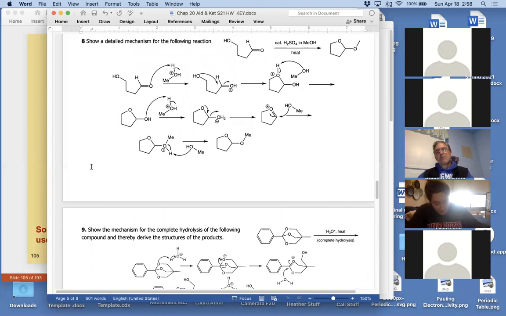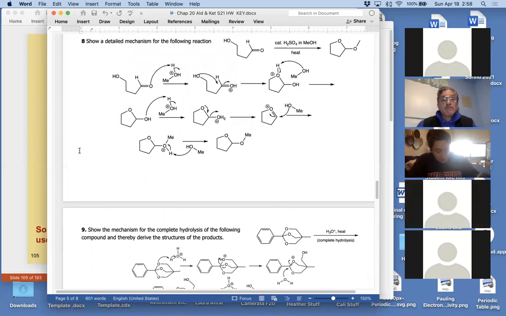So I had a similar mechanism to you, but instead of an intramolecular attack, I attacked the carbonyl carbon with methanol. You can draw a nice, pretty mechanism that way that would be valid, but entropy is going to win. The intramolecular attack will happen faster. I see.